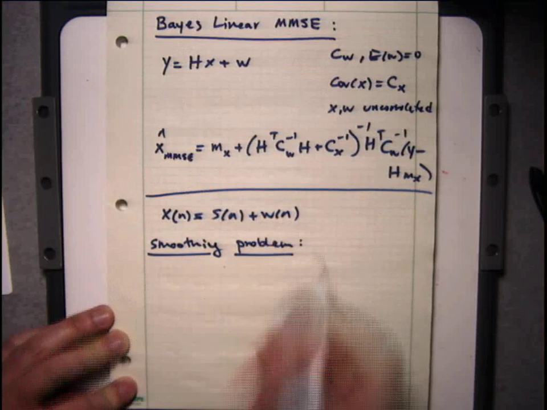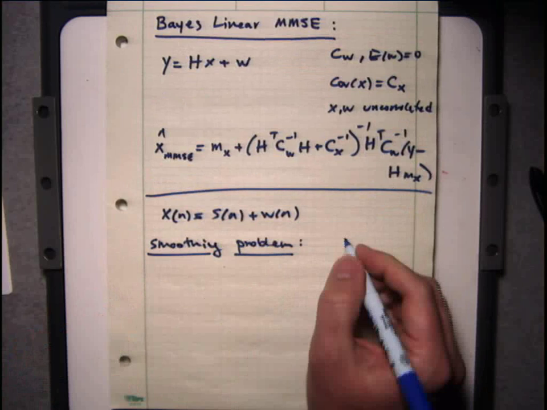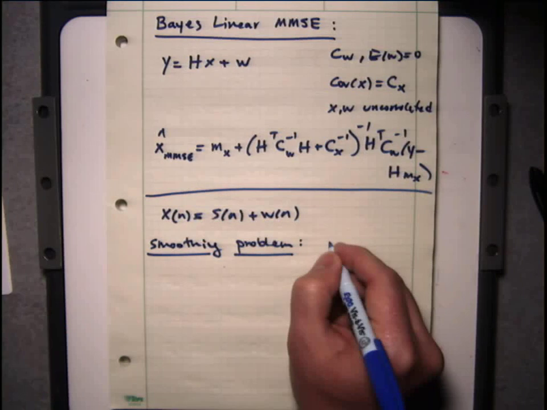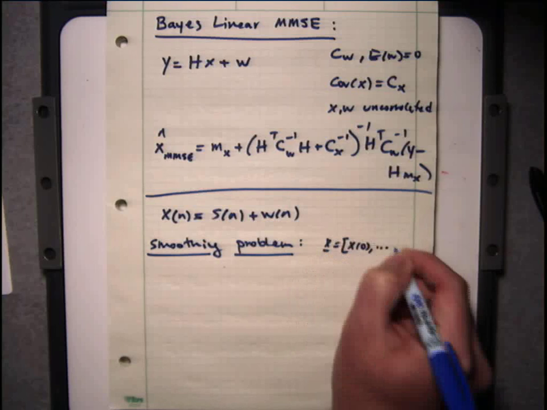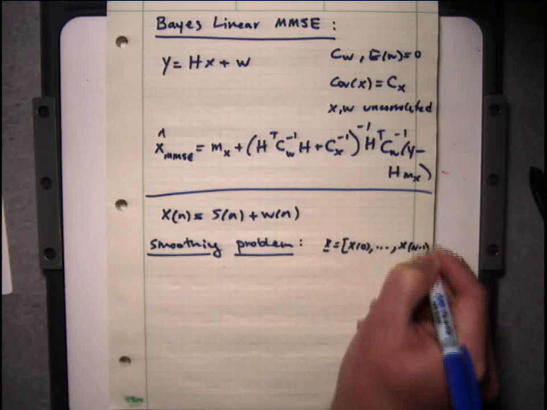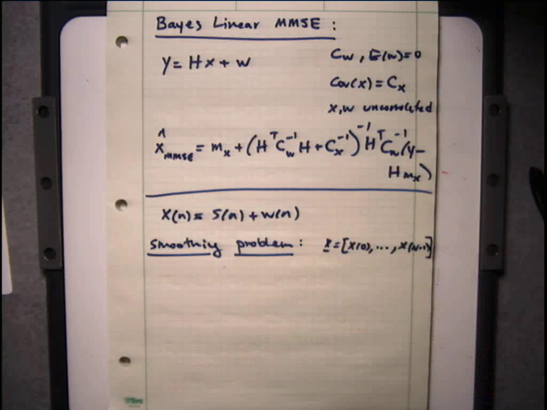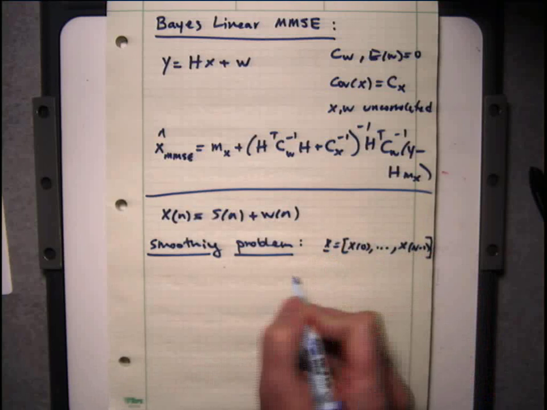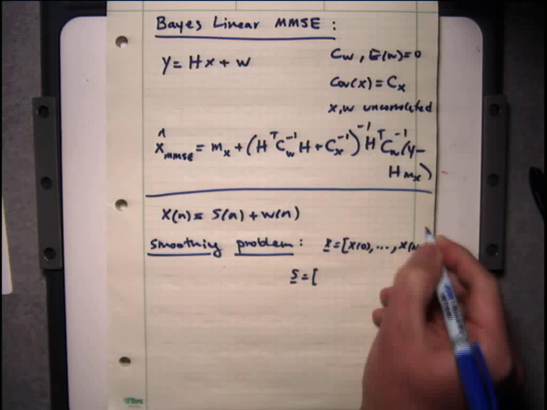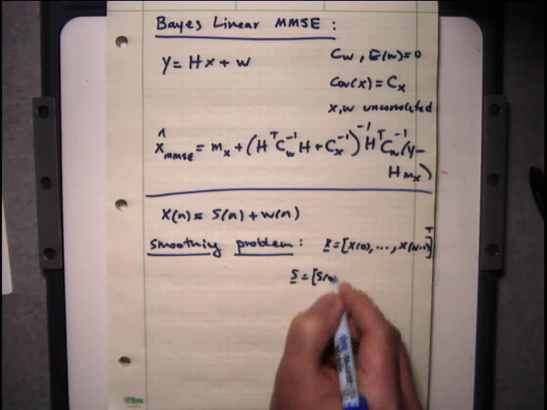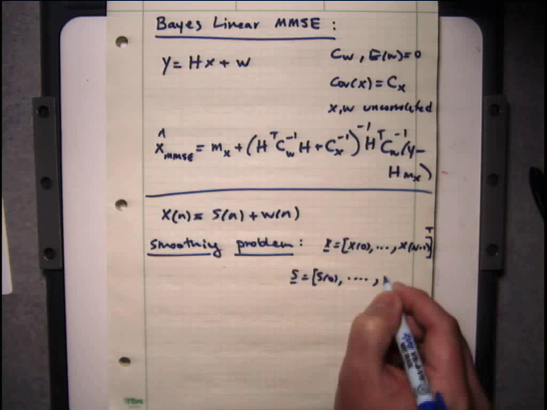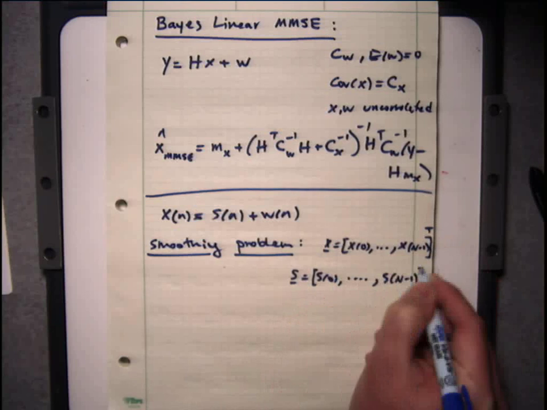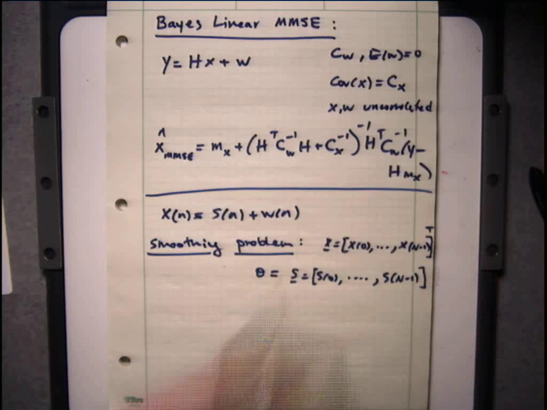So the smoothing problem is you're given x of n. So let's say you're given a vector x, let's call it x0 through xn minus 1. And what you would like to do is to estimate s, which is s of 0 through s of n minus 1, transposed. So this is your unknown parameter vector.